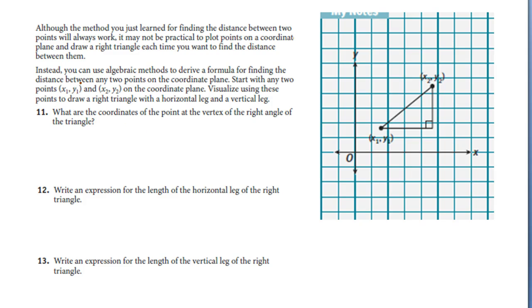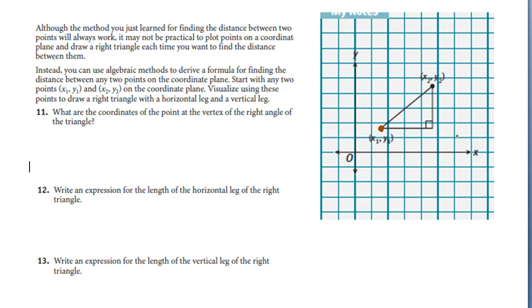Because we're doing this as a formula, we're going to use variables to represent them instead of specific numbers like in our last example. So for our first point, let's use the letters x and y to be its x and y coordinates. So x1 and y1 are the x and y coordinates of the first point. Over here on this picture, I'm just randomly choosing a location and putting the dot there at x1, y1.